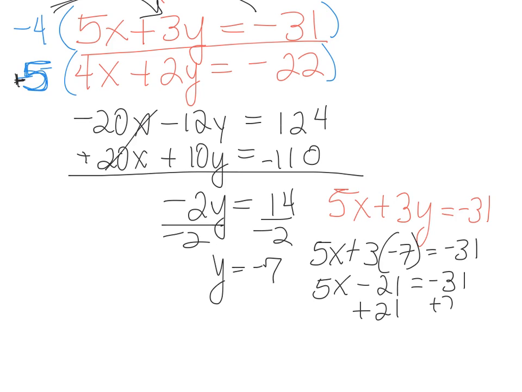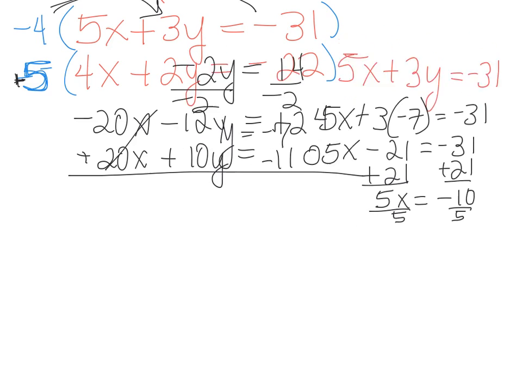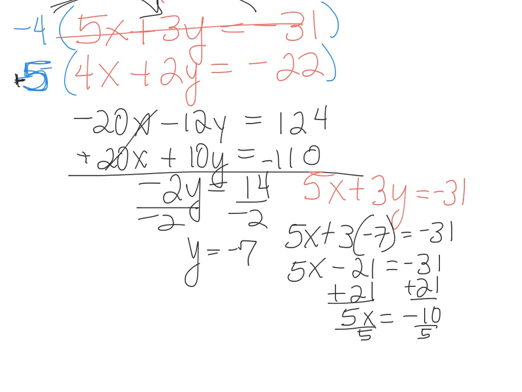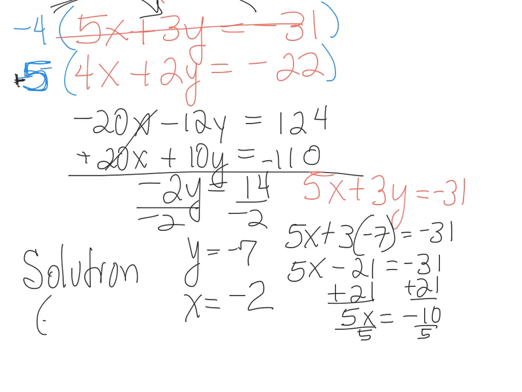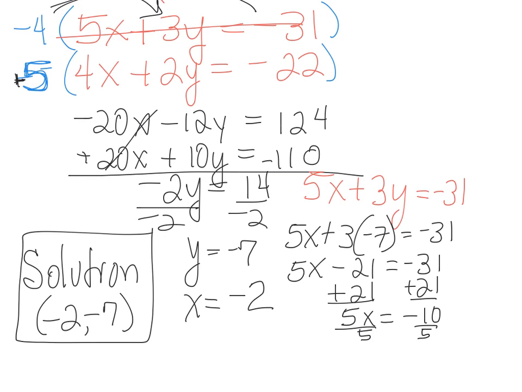We add 21. So 5x equals negative 10. And then when you divide by 5, that would be x equals negative 2. And so the solution, you put first the x, which is negative 2, and then the y, which is negative 7. And that is the solution.